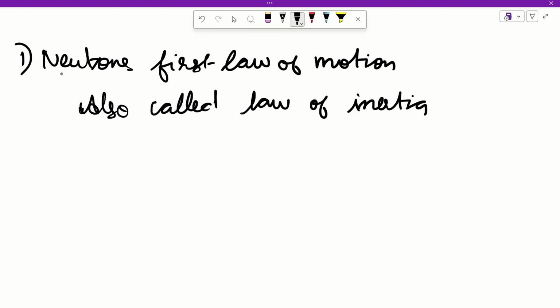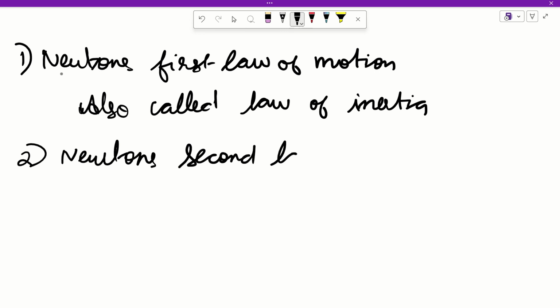The next one is Newton's second law of motion. The rate of change of linear momentum is proportional to the applied force, and change in momentum takes place in the direction of the applied force.